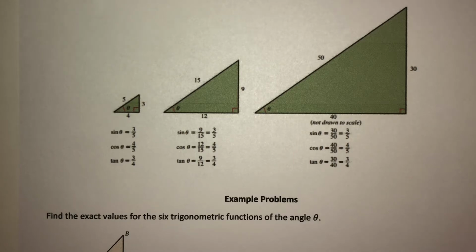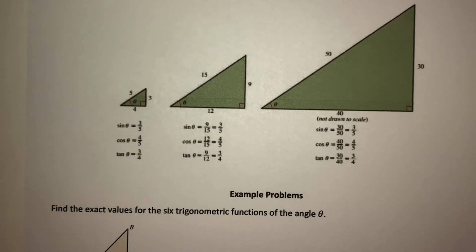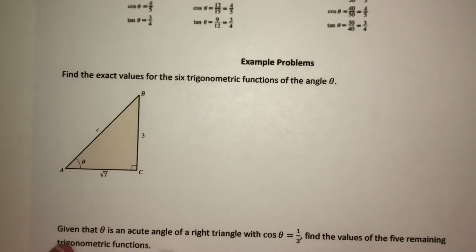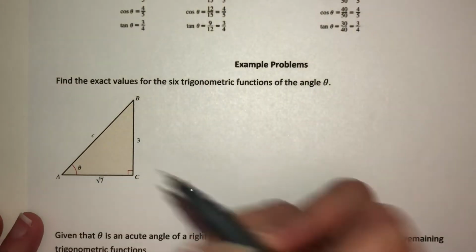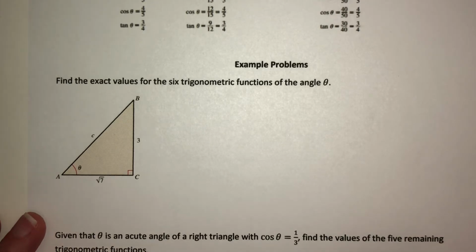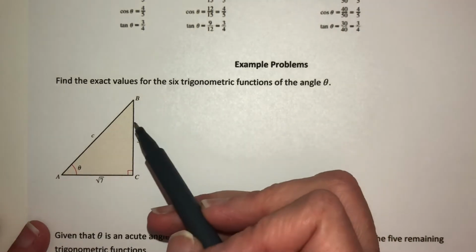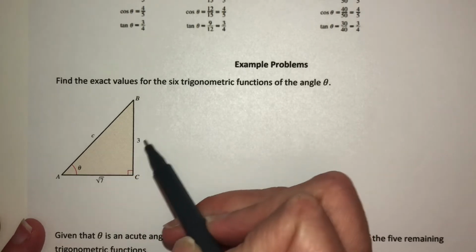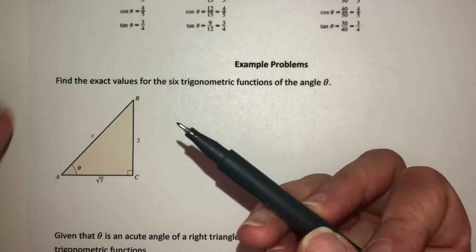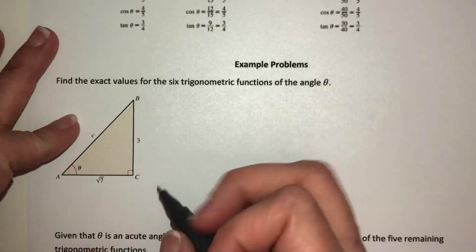Okay? Let's work a problem here. We want to find the exact values for the 6 trig functions of the angle theta. Now, we need to know opposite, adjacent, and the hypotenuse. We have values here and here, but we need one here. We need to use the Pythagorean Theorem.